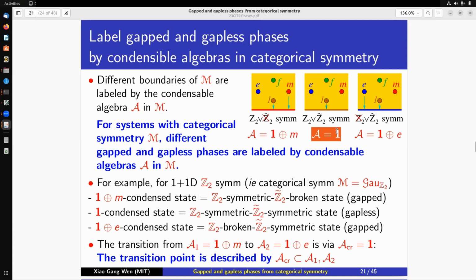So again, these examples fit that picture. So maybe this is also a general statement. You can use condensed algebras and their subalgebra structure to try to guess what kind of phase diagram it may be.